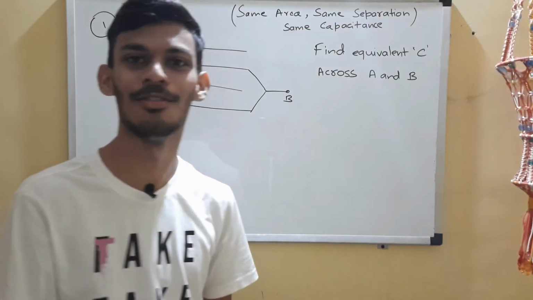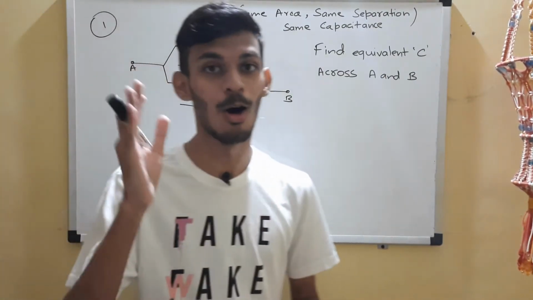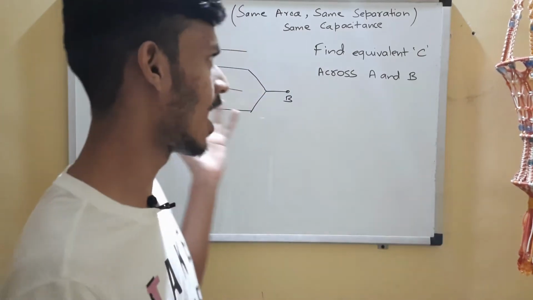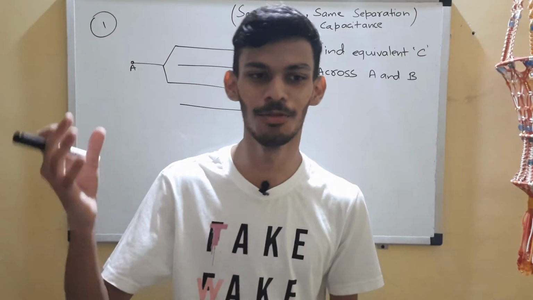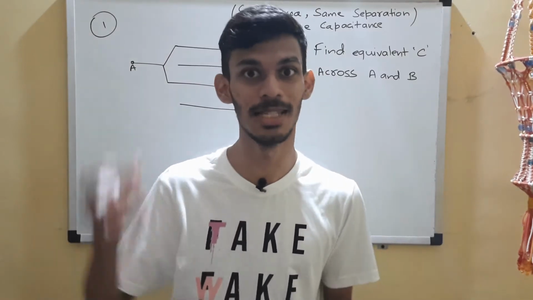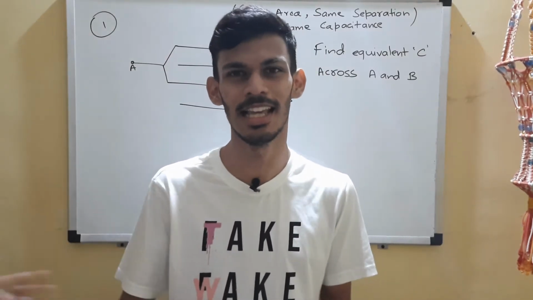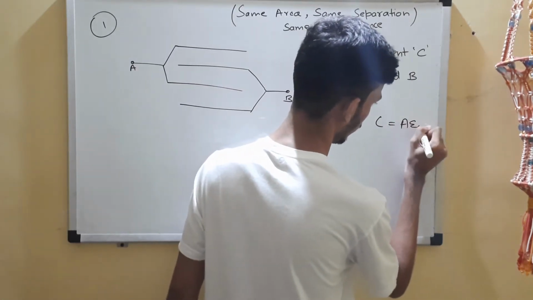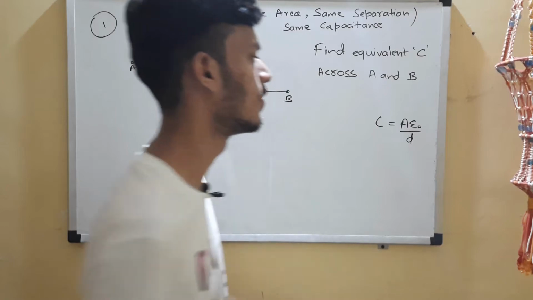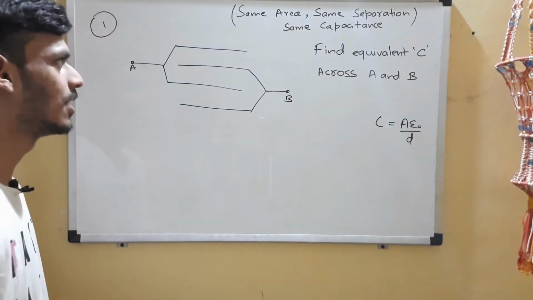That is something that I want you to remember. I'll repeat that. All of the capacitors which are made from these plates will have the same capacitance. It won't be like C1, C2, C3, it will be C, C, C, and that C has a value A epsilon naught by d, right? So in place of C, you can substitute A epsilon naught by d.